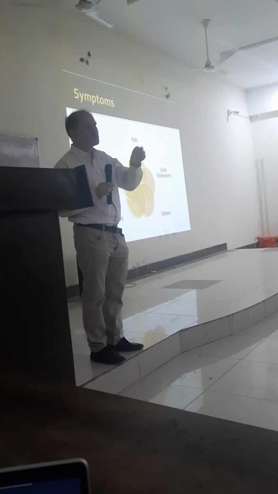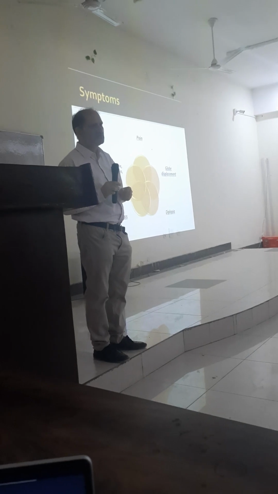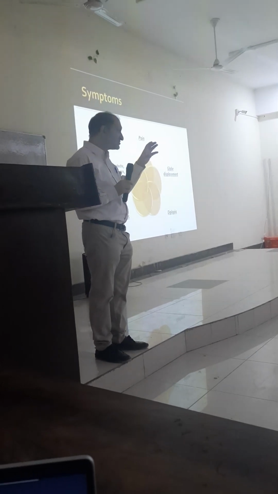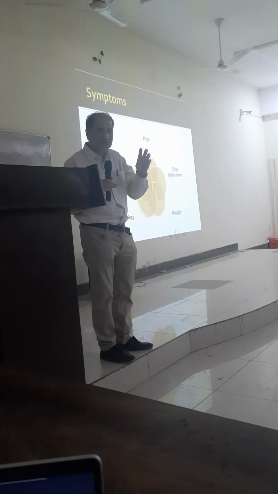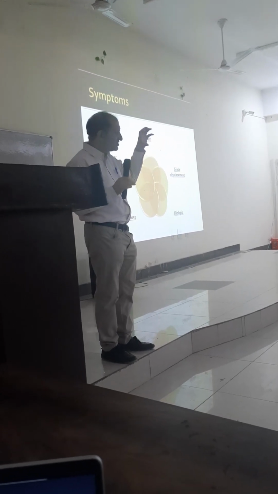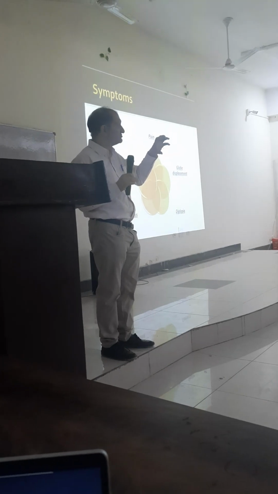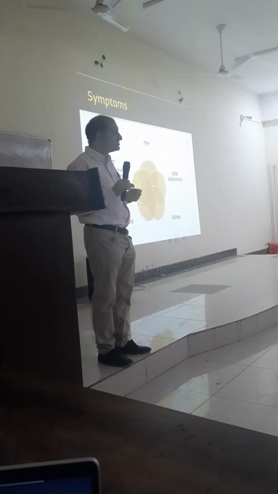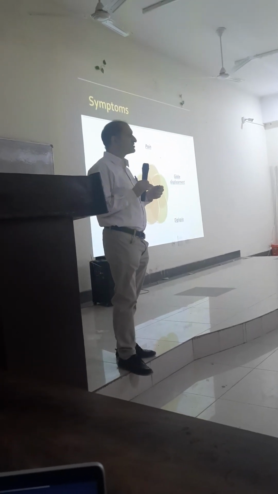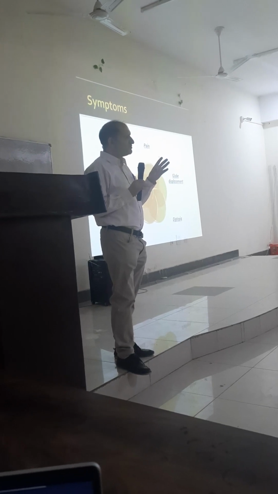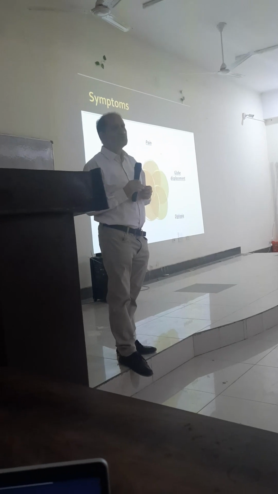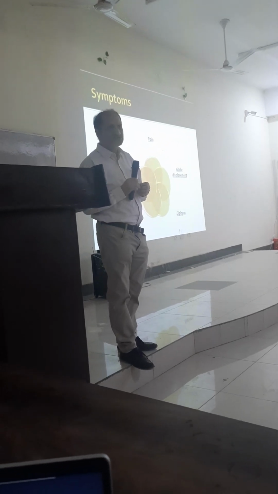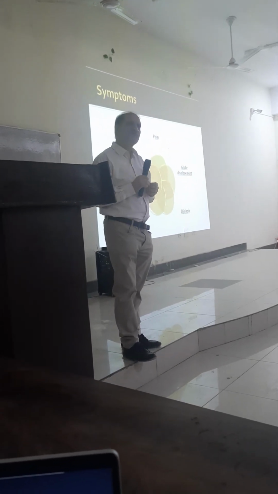Then we want to know why there is more infection in orbital cellulitis. Because the orbit is a compact structure. Remember these three things. It's a compact structure. Number two, infection leads to thrombophlebitis.